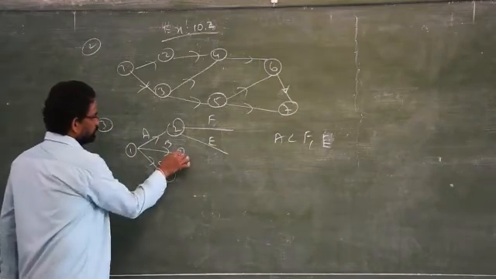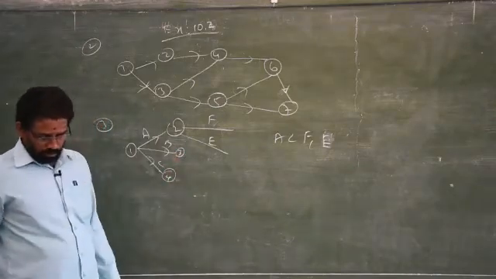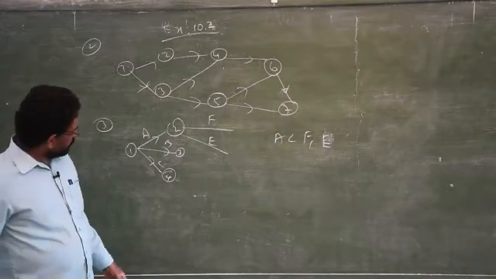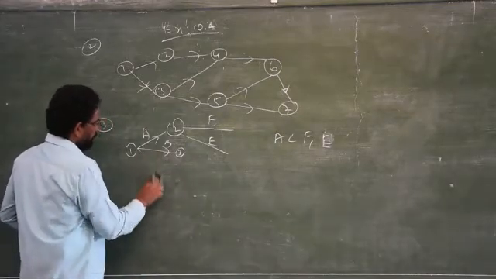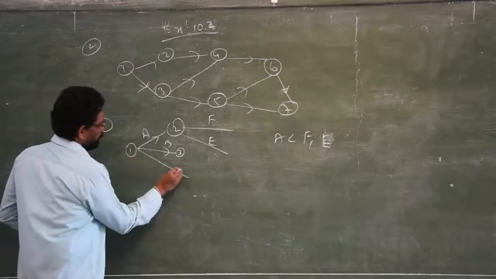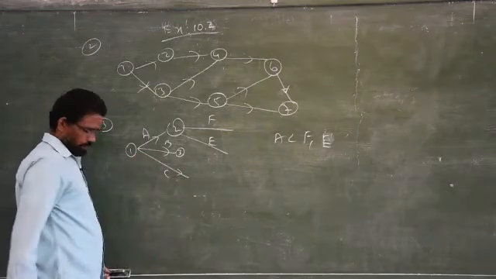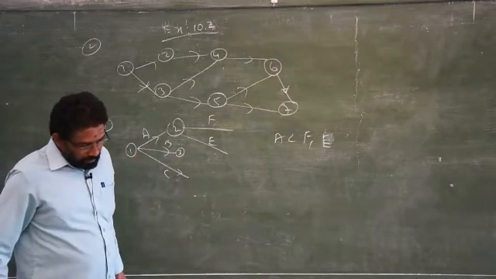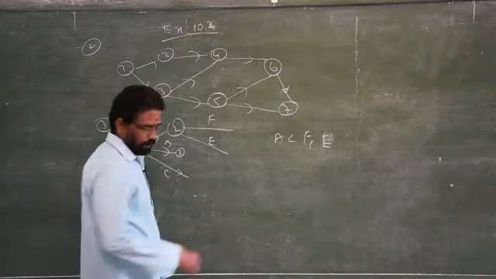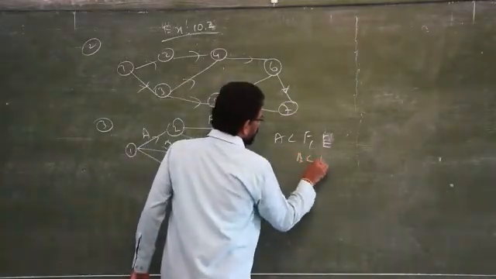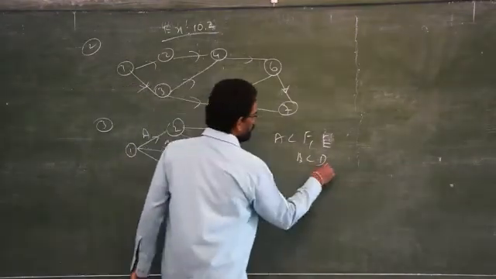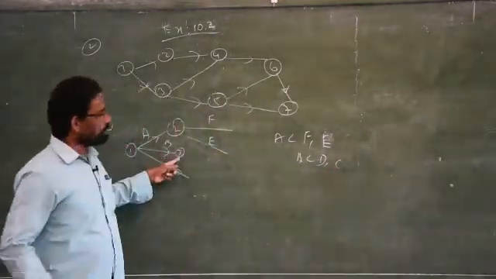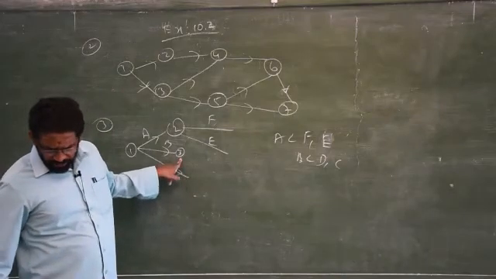Is it 1, 2, 3, 4? Just you have to give in order. Clear? So now, this is 4. What is the next activity given? B. B less than D. After completing the activity B, then from B you have to start which activities?